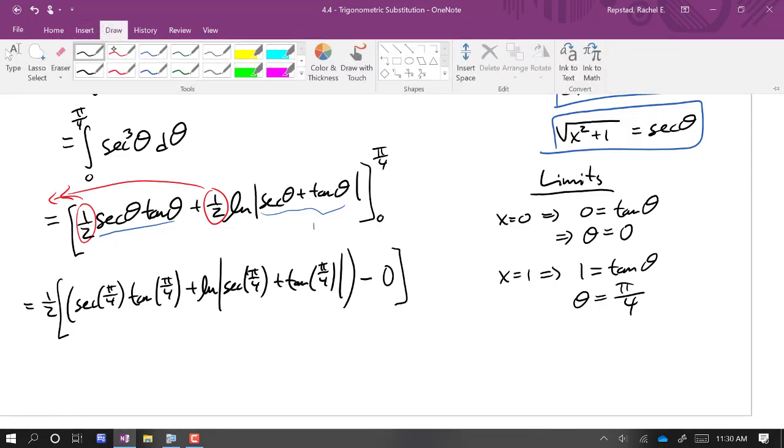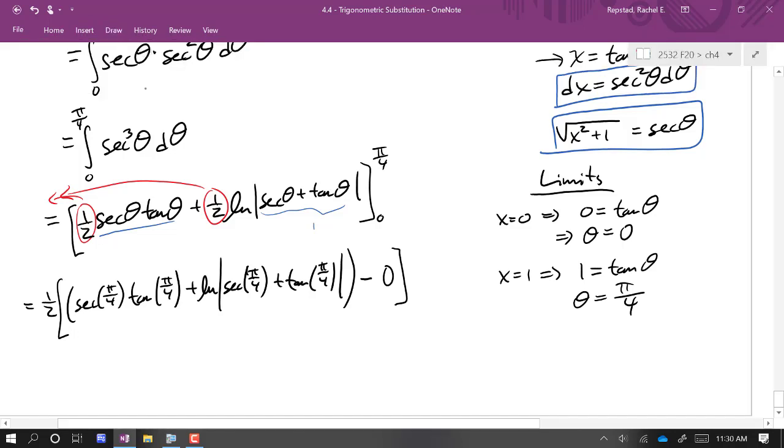Secant pi over 4 is the reciprocal of cosine pi over 4, and so the reciprocal of root 2 over 2 is root 2. Tangent of pi over 4 is 1. So this becomes 1/2 times root 2 plus ln of 1 plus root 2.